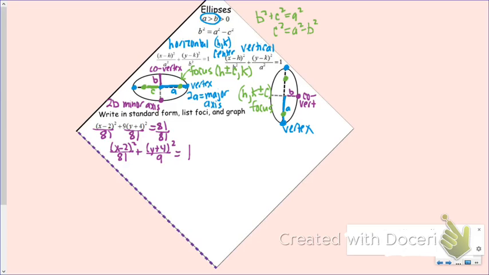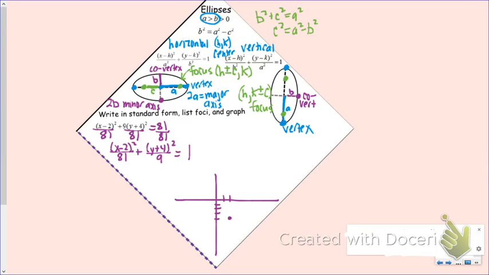First thing I need to do when I draw my graph is find my center. That's going to be at 2, negative 4. So the x-coordinate here is 2, and down to negative 4. Then I'm going to figure out where my vertices are.